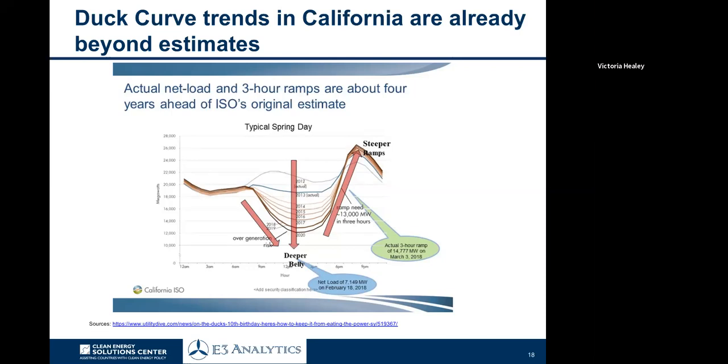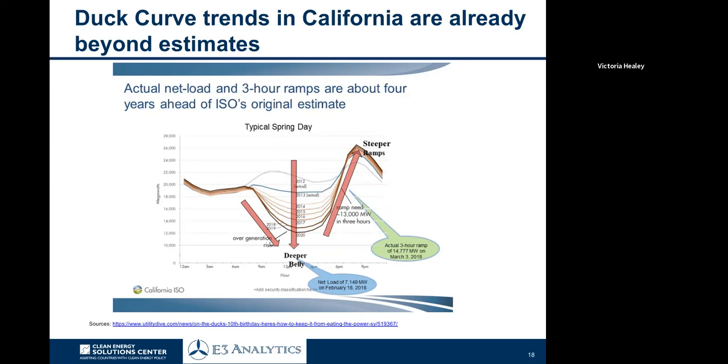Net load, you see here, reached just over 7,000 megawatts on February 18th, 2018, during the daytime. So really dramatically below, well below where they thought that would be. And an actual 3-hour ramp of just under 15,000 megawatts on March 3rd, a few days after, in 2018.